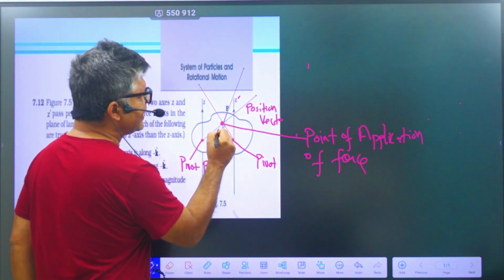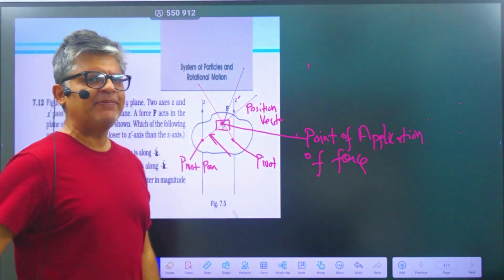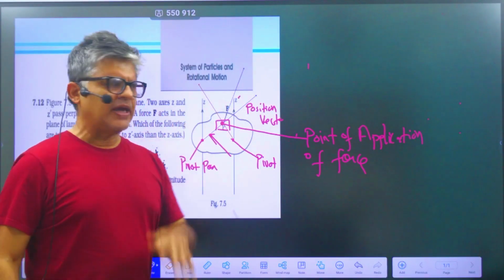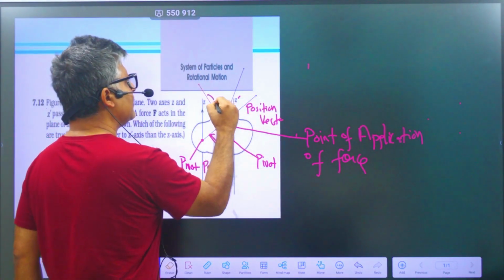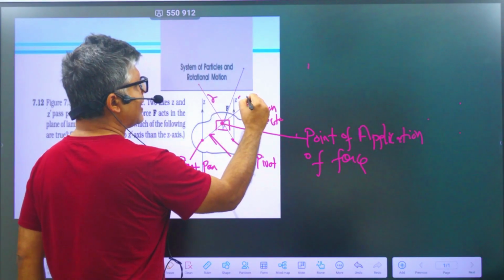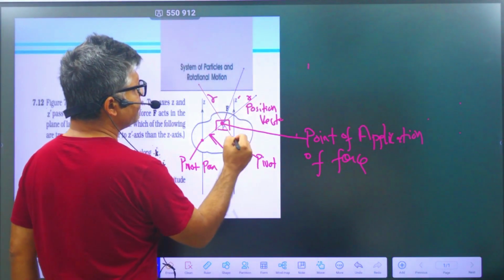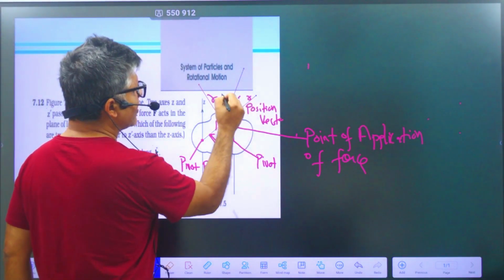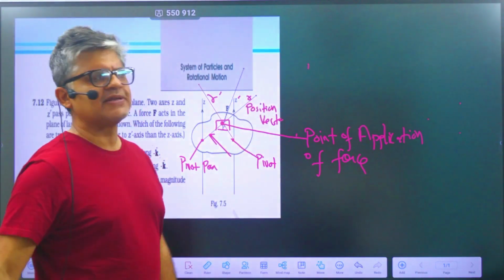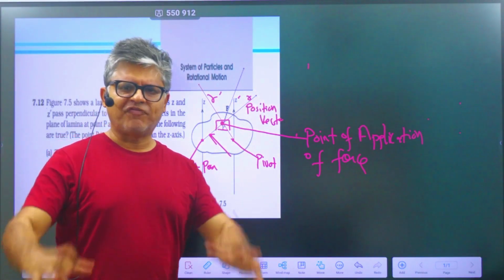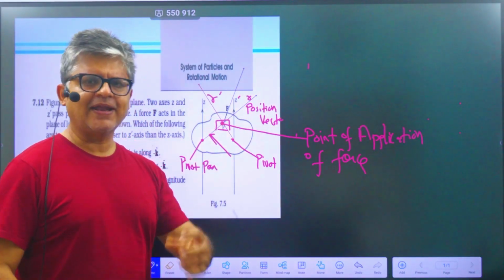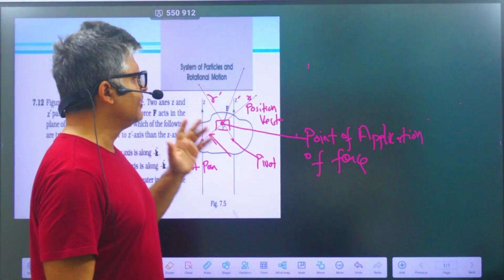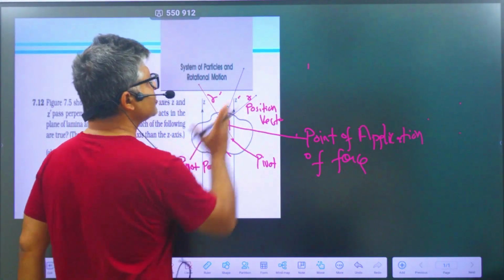So the force is getting applied here at point P. It is given in the question, and I extend the vector, which is a position vector R, and the other I call as R dash, because this is starting from the Z dash axis. The other one is R, right? So first job done. First, find the pivot point. Second, draw the position vector. Next point, extend the position vectors.